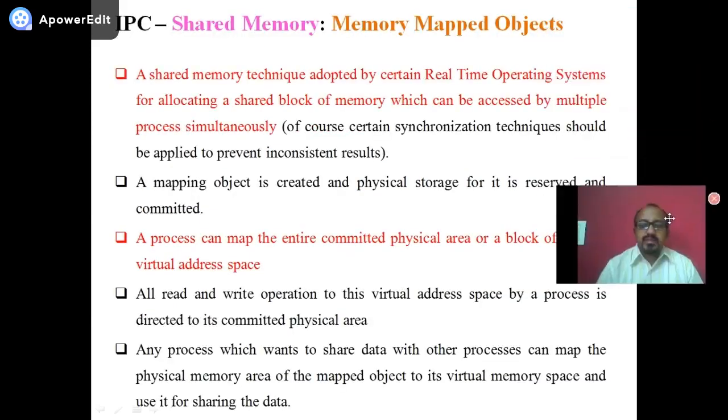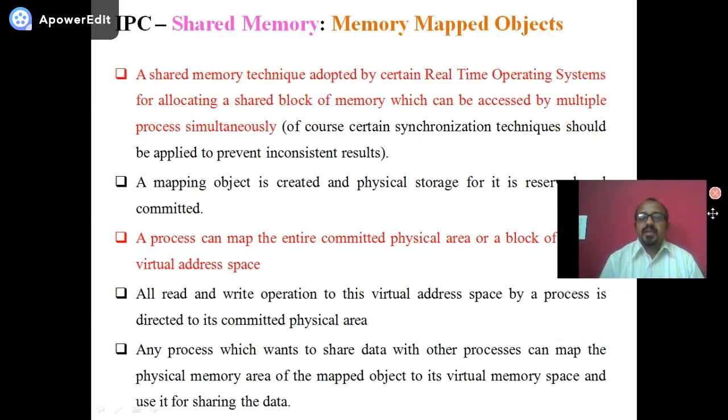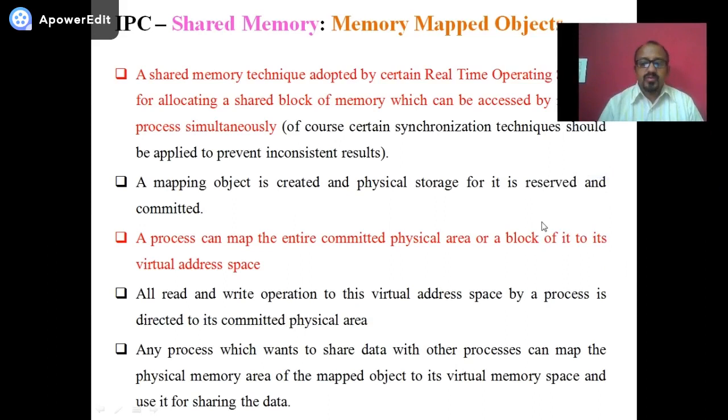Next is memory mapped objects. The shared memory technique is adopted by certain real-time operating systems for allocating a shared block of memory which can be accessed by multiple processes simultaneously. It's called memory mapped objects. The memory object is created and the physical store for it is reserved and committed.